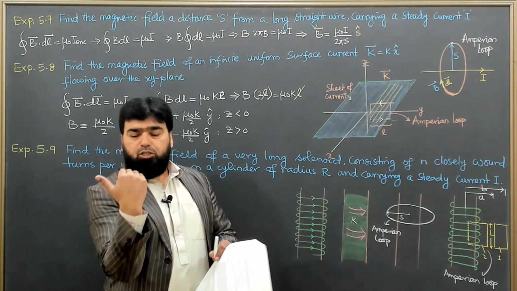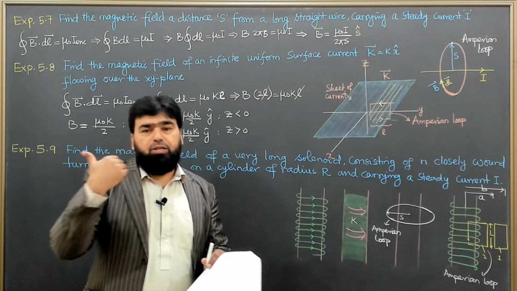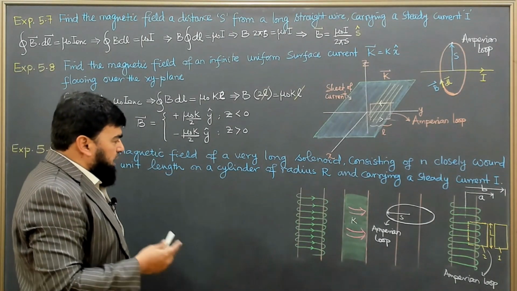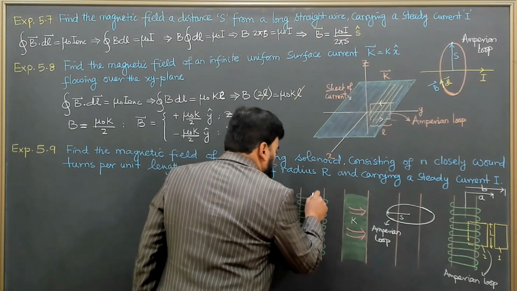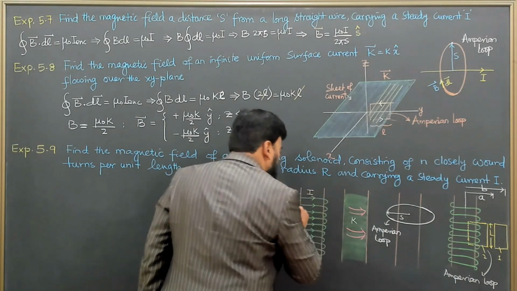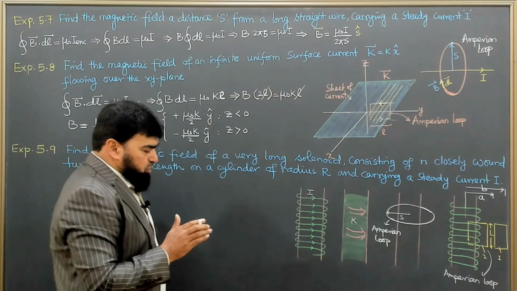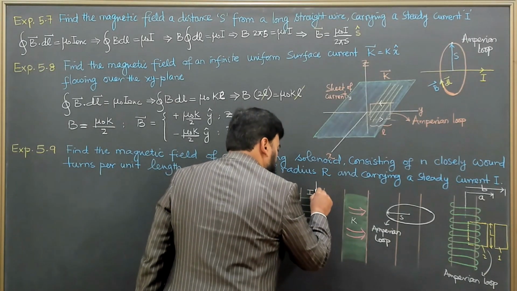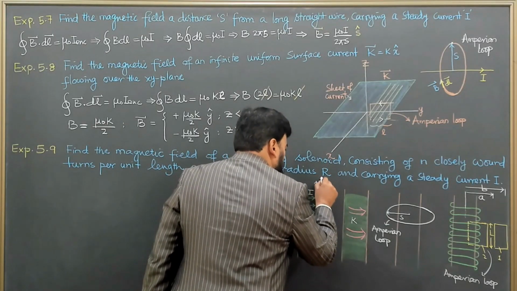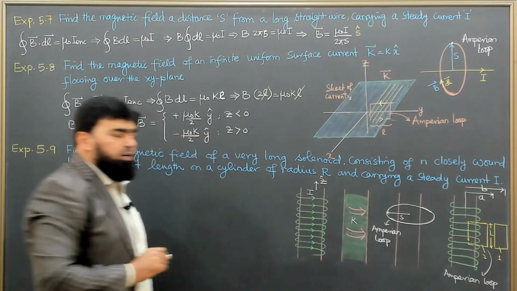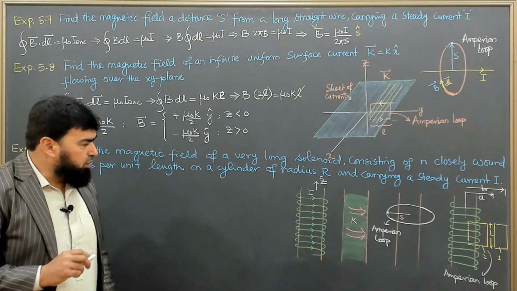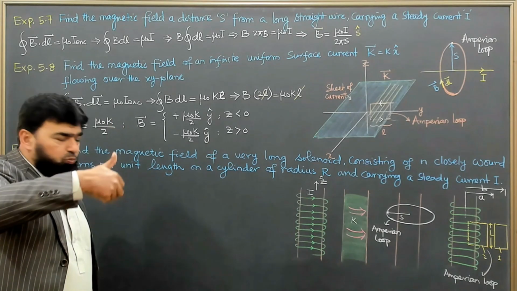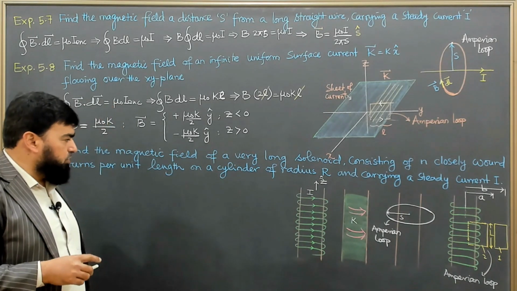So here the current is going around like this, and if this is the z direction, then the magnetic field is in the z direction, along the axis of this solenoid.